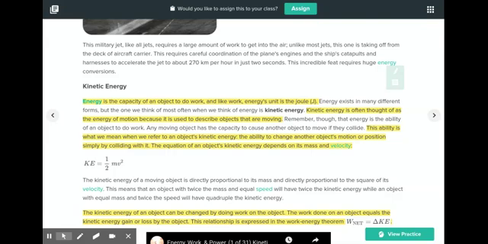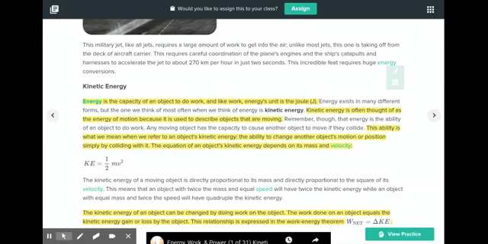Energy is the ability of an object to do work. Any moving object has the capacity to cause another object to move if they collide. This ability is what we mean when we refer to an object's kinetic energy. It's the ability to change another object's motion or position simply by colliding with it.